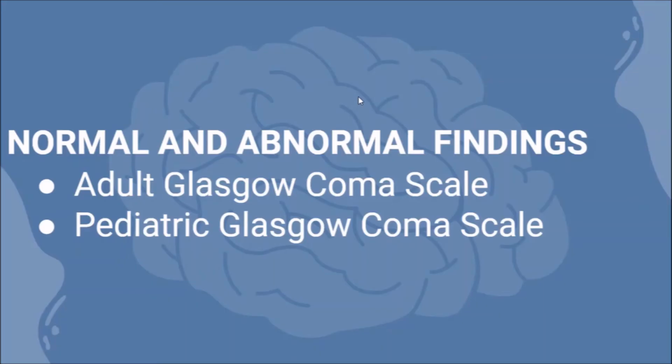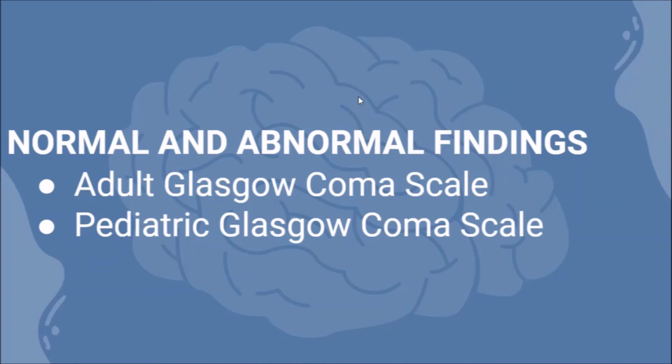The next is the normal and abnormal findings of the adult Glasgow Coma Scale and pediatric Glasgow Coma Scale. The Glasgow Coma Scale is the most common scoring system used to describe the level of consciousness in a person. So basically, it is used to help gauge the severity of an acute brain injury.